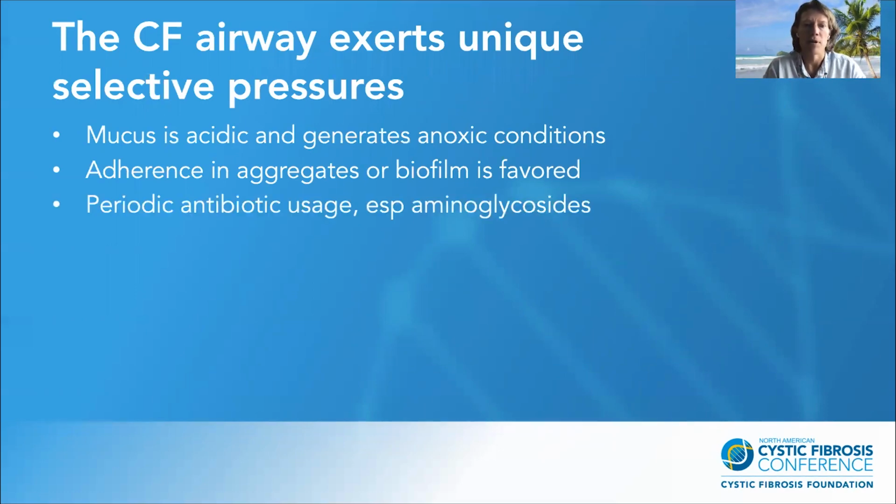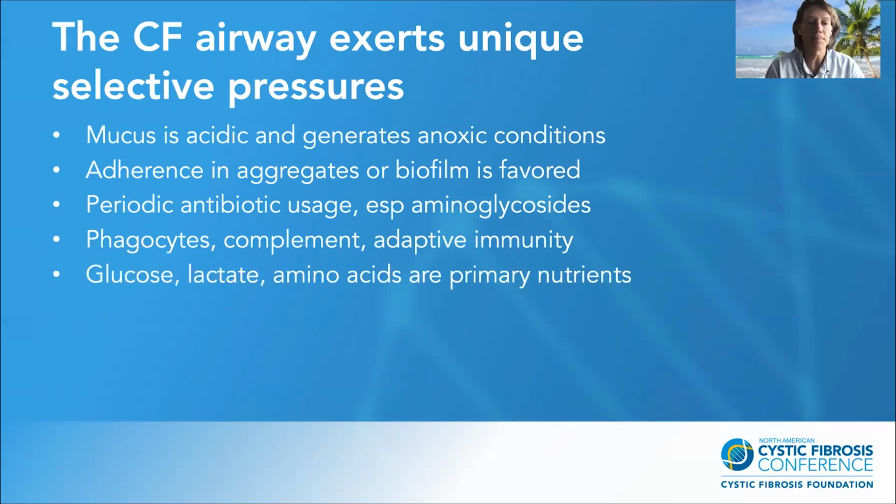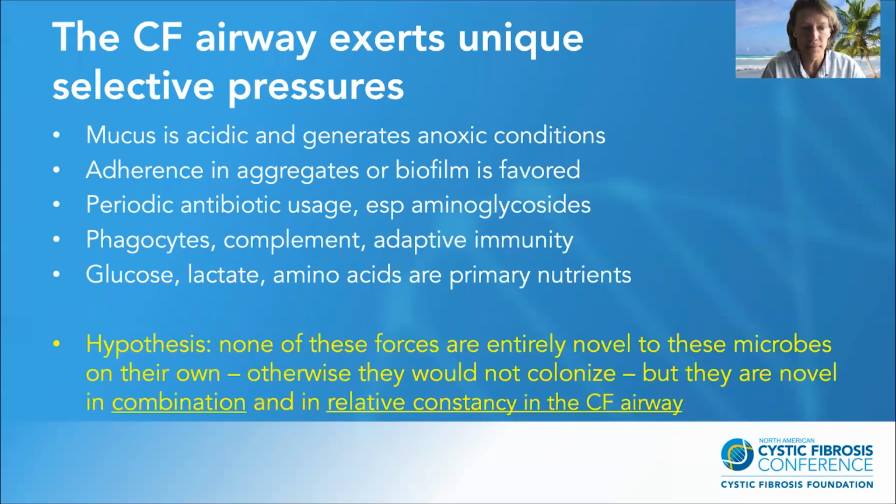The cystic fibrosis airway is obviously treated periodically with antibiotics, especially aminoglycosides like tobramycin. The CF airway is certainly defended by our immune system, including phagocytes, complement, adaptive immunity, and other elements. And the nutritional conditions are distinct, comprised often of glucose, lactate, and amino acids as primary nutrients.